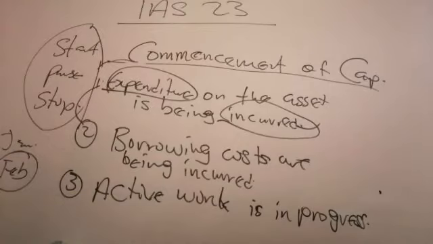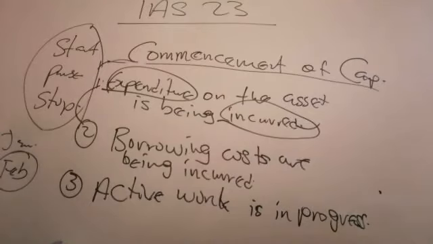You're not going to pay any interest on this loan. You're not going to incur any other cost on this loan. Then there's no borrowing cost. Do not capitalize it. So actually you have to pay a finance cost or interest to whoever gave you that facility or those funds. Good. That is it.